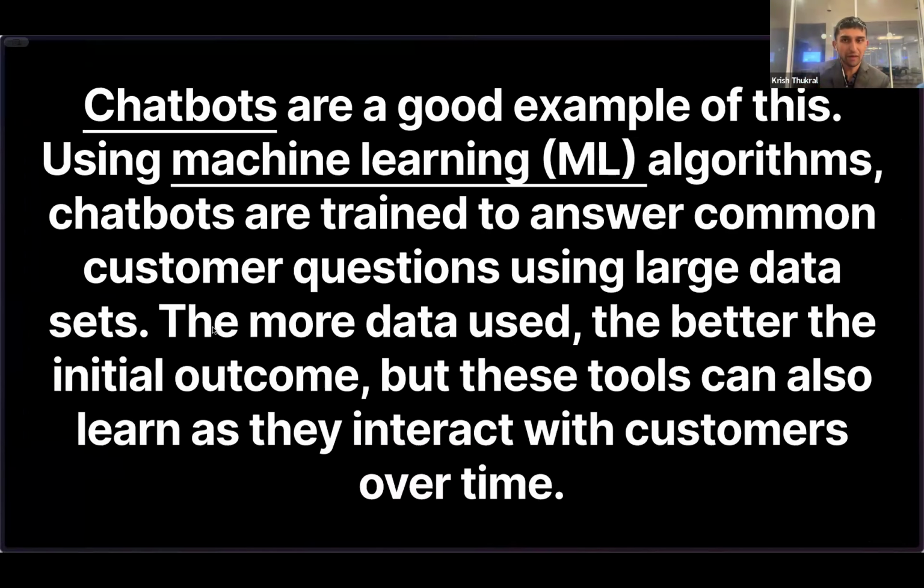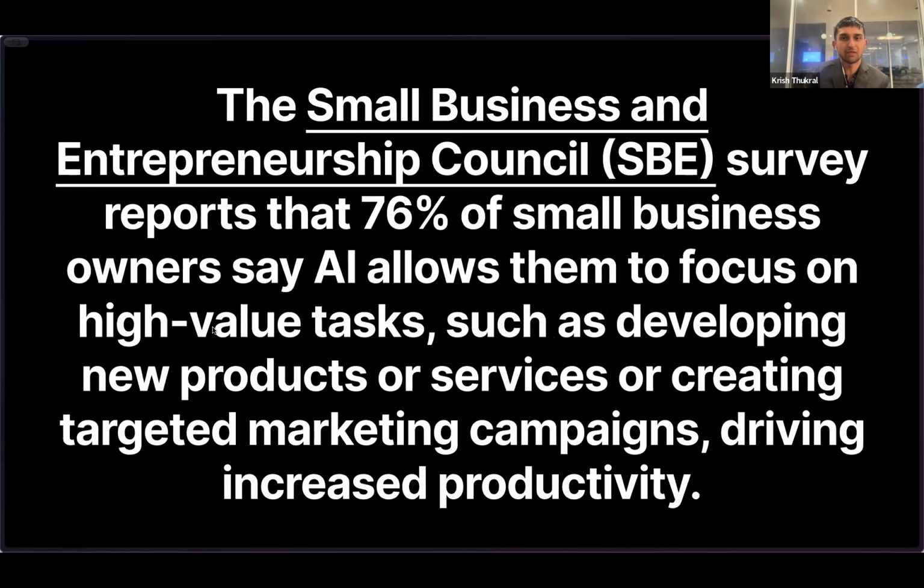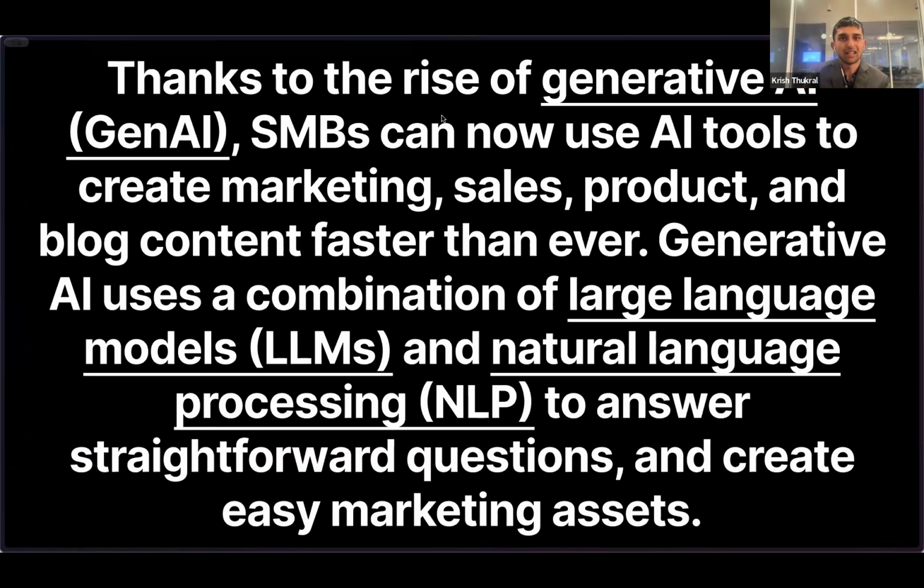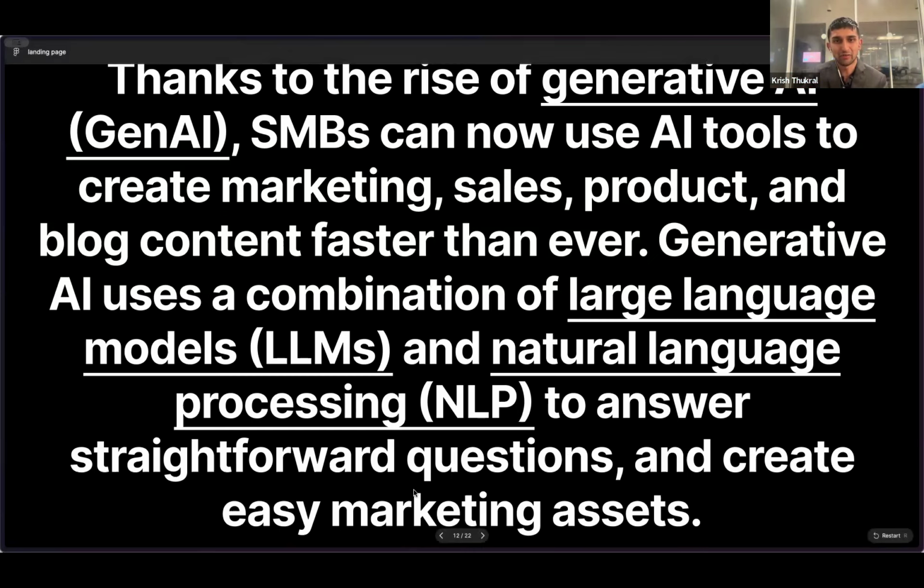Okay, so improve customer service. I was talking about the chatbots, the 76%, and thanks to generative AI, the large language models and natural language processing can enable businesses to answer straightforward questions, create business value, and create easy marketing assets. So that's going to go on to my next demo.